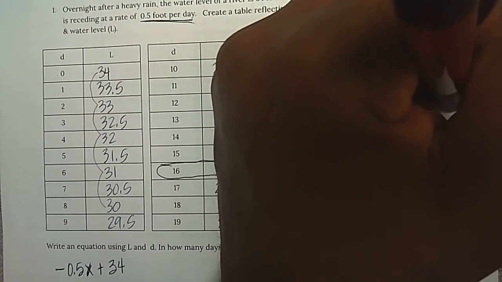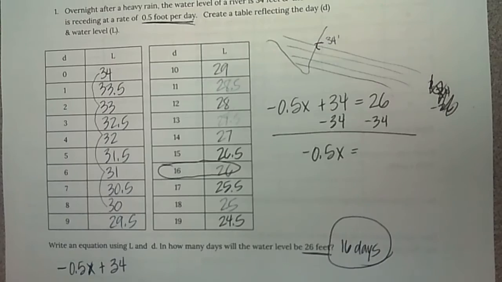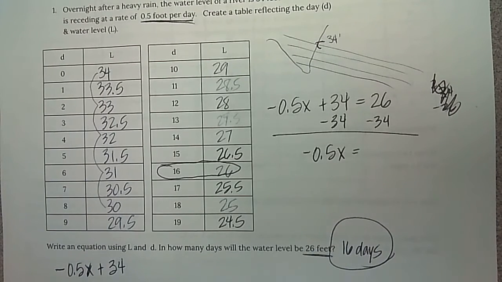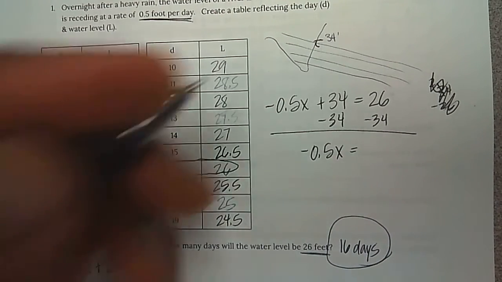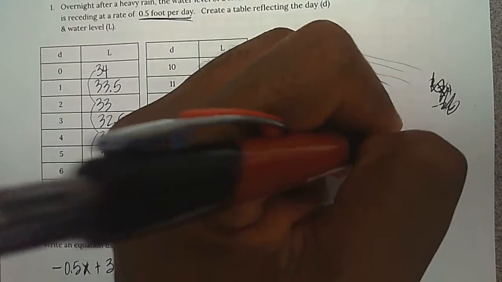Hmm. 30 minus 26, 2. I am messing up right now. So that, yep, that's 34. 26 minus 34. Ah, that was right. -8.